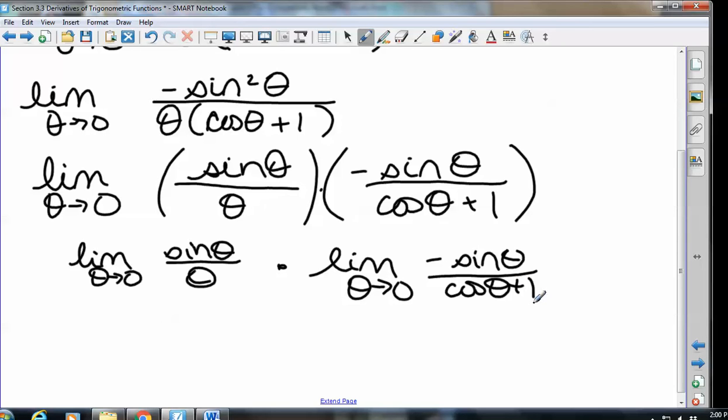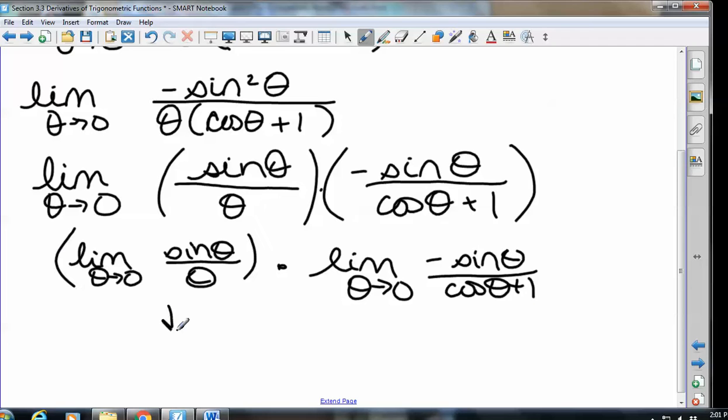Question. How were you able to split the denominator? They're just multiplied, not added. So if you were to multiply fractions, you just multiply the tops, multiply the bottoms. It gives you back the same thing. If they were adding, we would not have been able to split up the denominator.